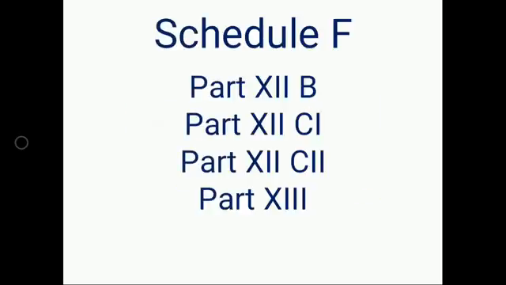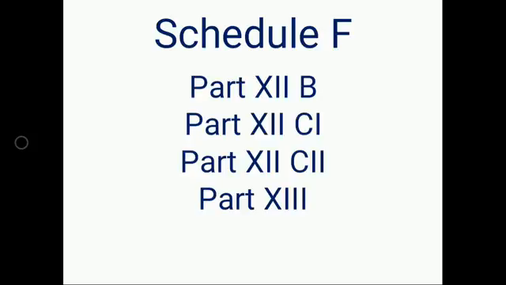Under the schedule F, we basically have 4 different parts: part 11, 12b, 12c1, 12c2 and part 13, right? So under part 11b, the requirement for the functioning and operation of blood bank or for preparation of blood components is mentioned, whereas part 12c1 deals with requirement of manufacture of blood products.